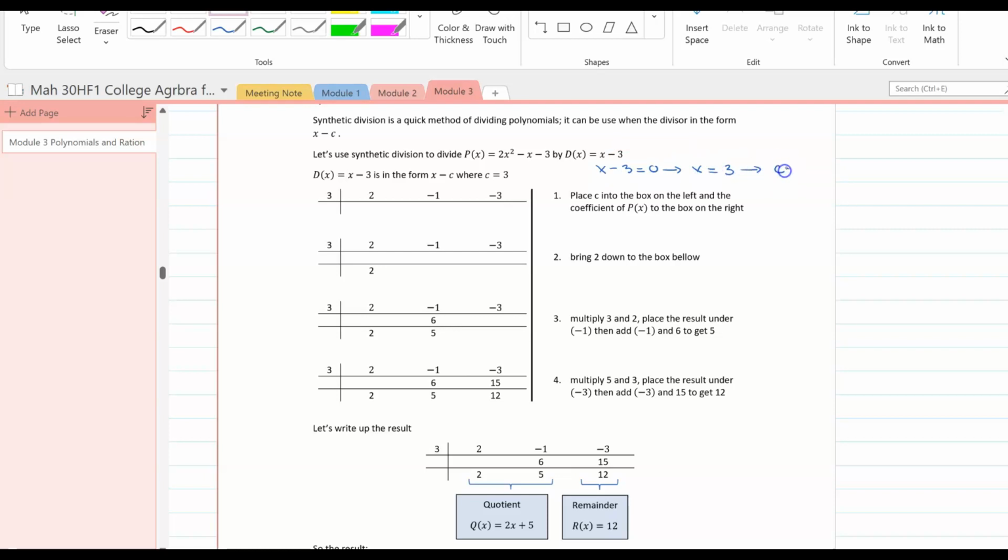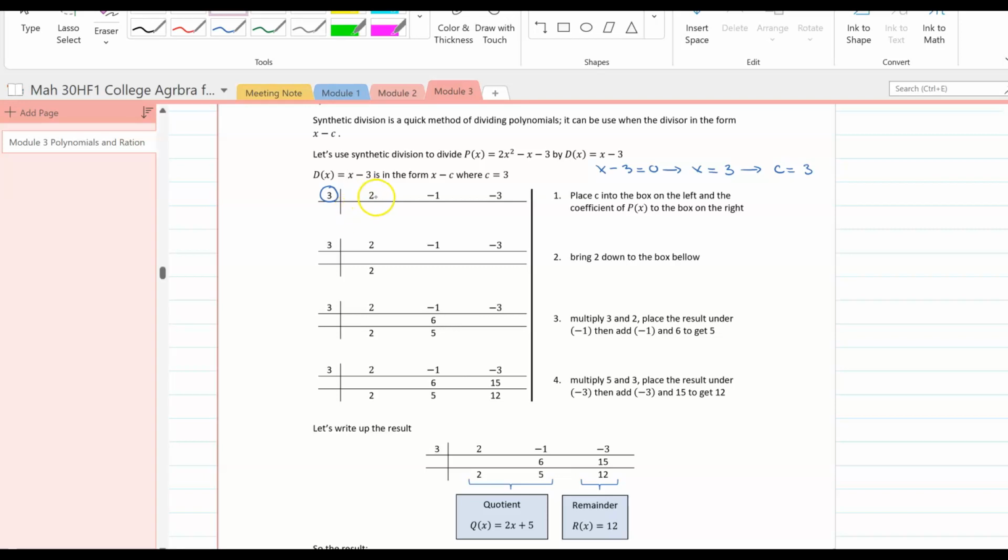This implies c is equal to 3. Okay. We place c in the box on the left and the coefficients of p of x into the box on the right. Okay. If we miss a term, we put a 0 in as the placeholder. But in this case, we don't miss any term.